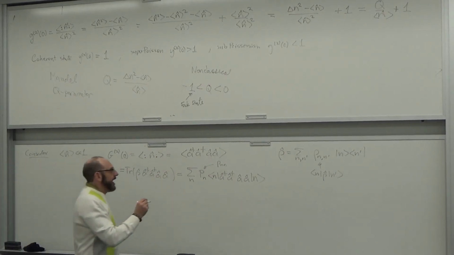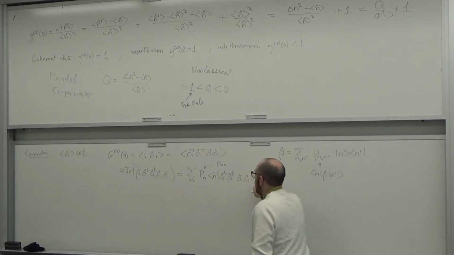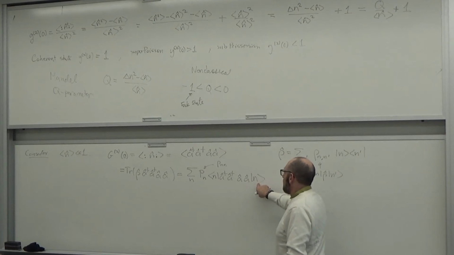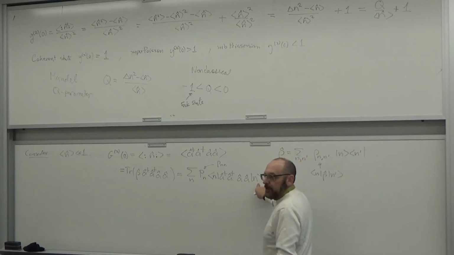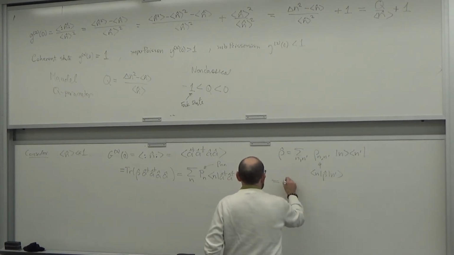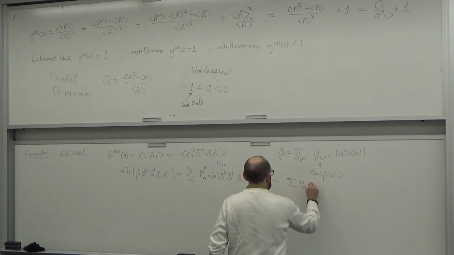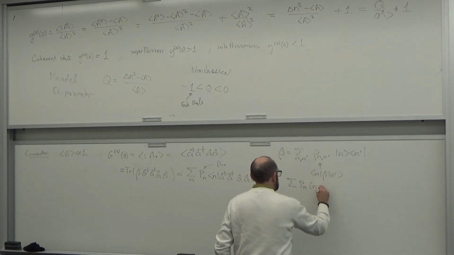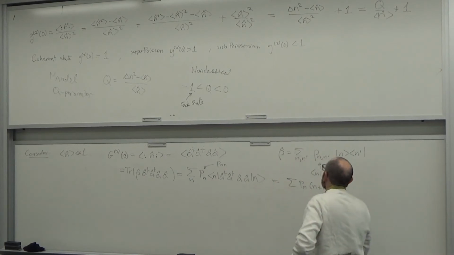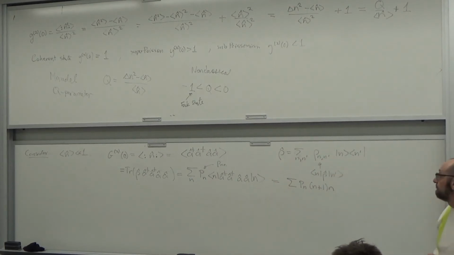So now I can act this guy. When it acts on that, I get the square root of n, and then I get the square root of n plus 1. Should be n minus 1.